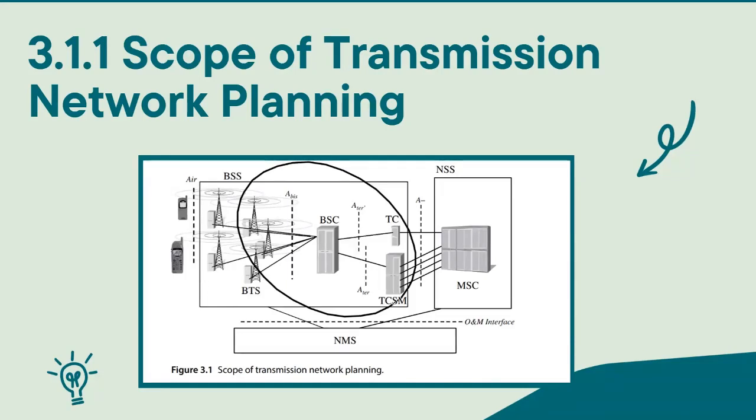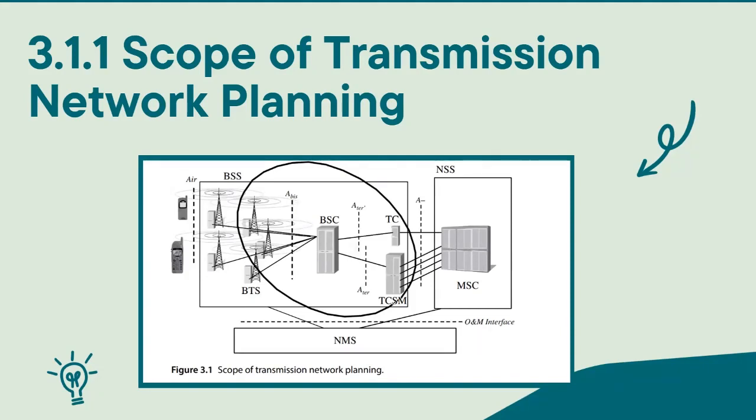And the last one is the BSS, base station subsystem. It is in the middle between the mobile system and the network switching system. BSS serves as the connection between the network subsystem and the mobile station.